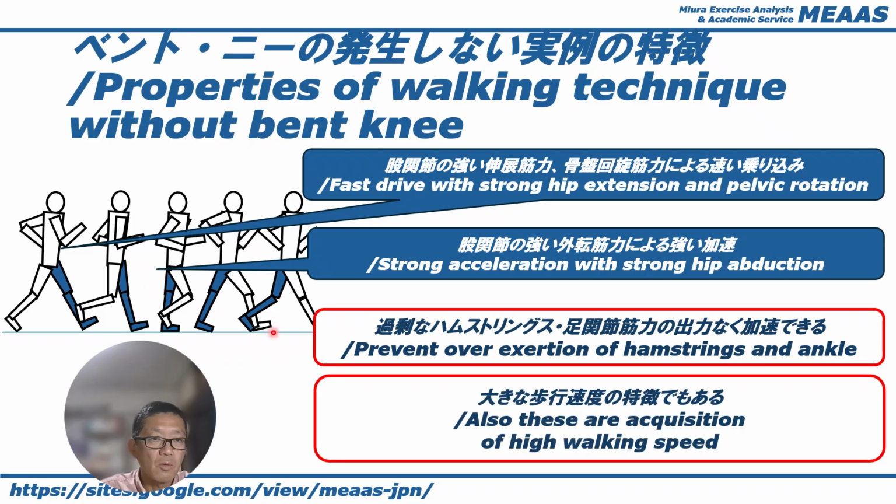So they walk without bent knee and without hamstring overuse, and also they can acquire high walking speed. So these are the properties of correct technique and of fast walking.